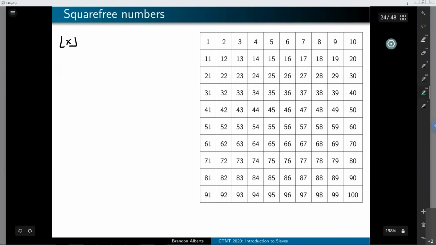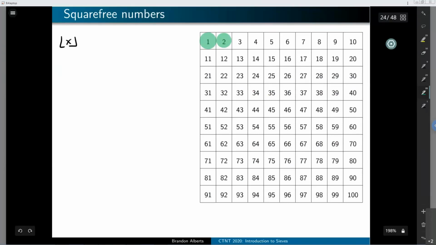Going from the bottom up, 1 is square free. We get that for free. Other numbers being divisible by 1 isn't going to stop them from being square free. 1 is kind of special. 2 is square free. It's small enough that it's not divisible by any primes.